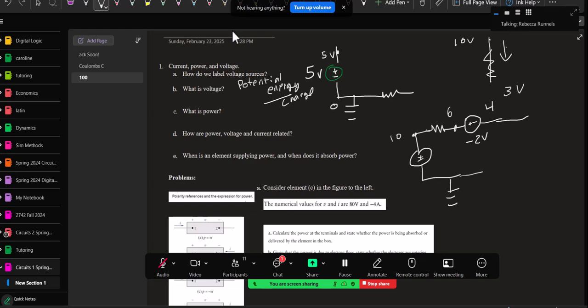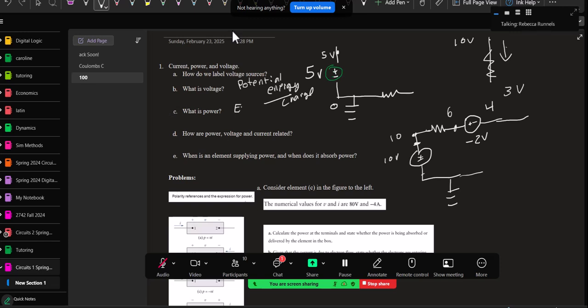A voltage source is designed to take charges from lower potential and move them up to higher potential. And so that's why if I have a voltage source that's 10 volts, the potential is going to be 10 volts higher on the positive side than it is on the lower side.